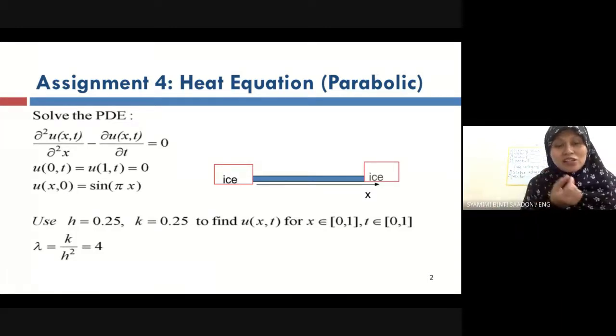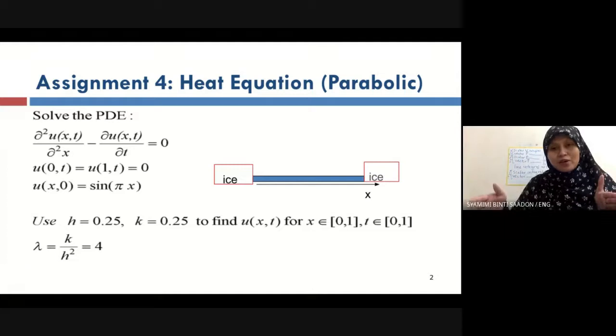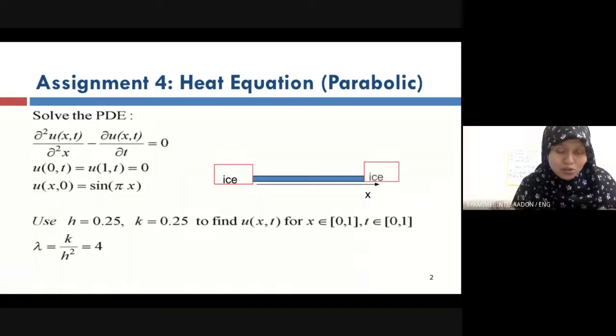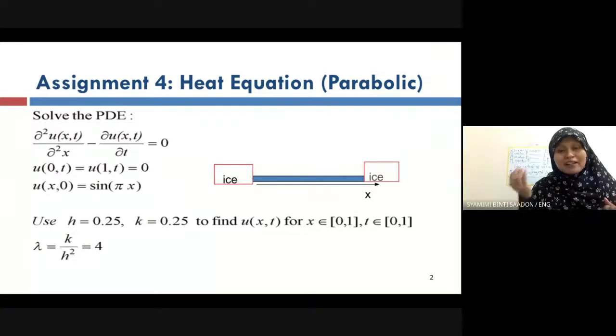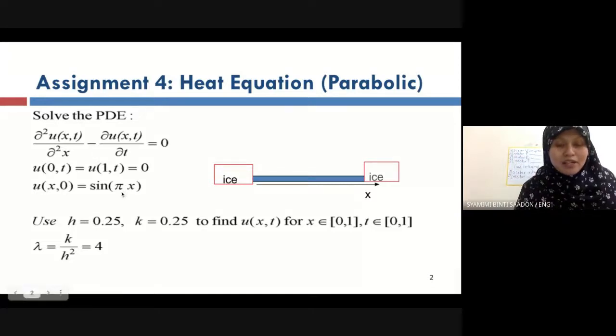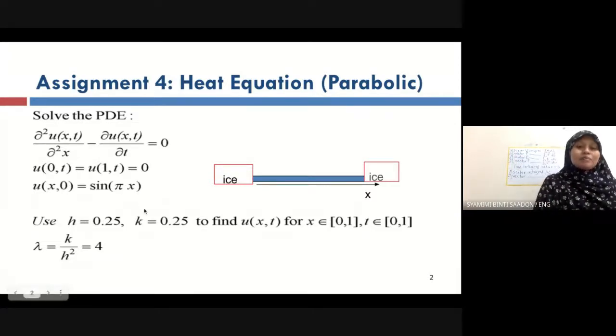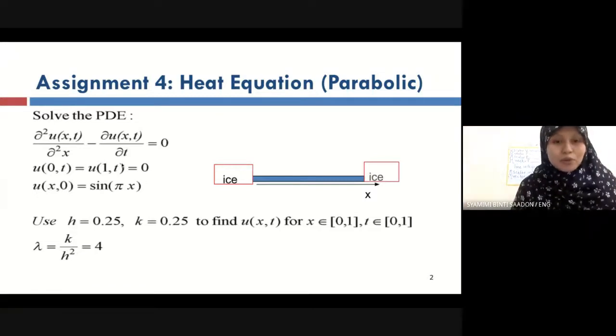And u at 1, t equals 0, so at the extreme points, left and right, at any time u equals 0. Another condition is u at all distances x, at the initial time t equals 0, equals sin(pi x). Those are the conditions for u.